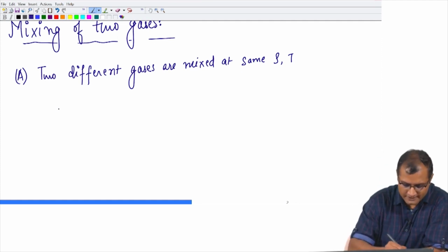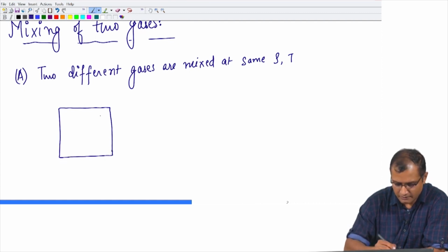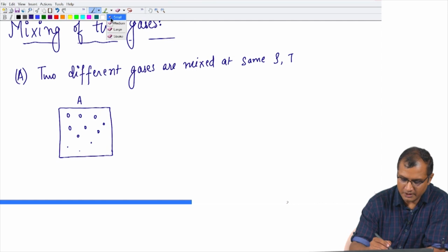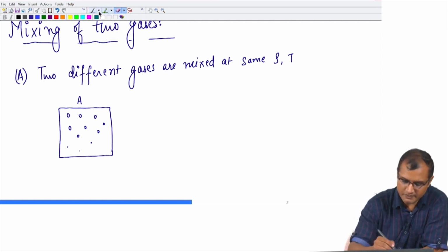So, I am going to draw this schematic. You take one gas in a container, call it a gas of type A, and you indicate A type particles with circles.